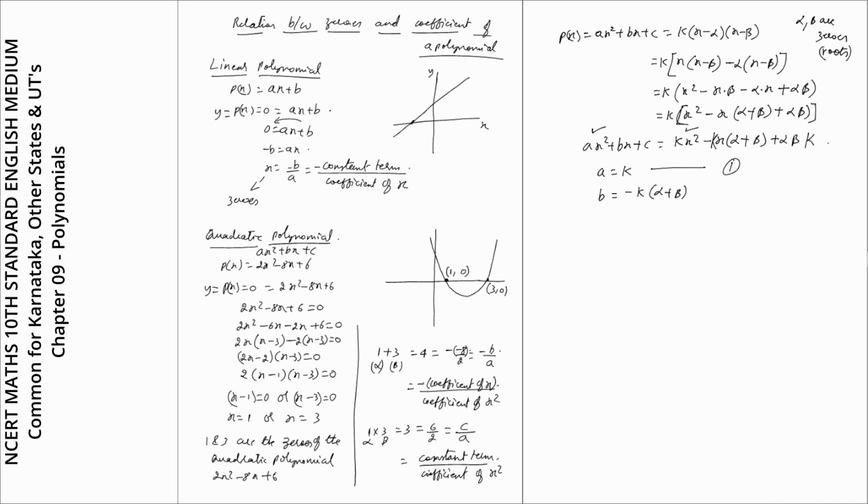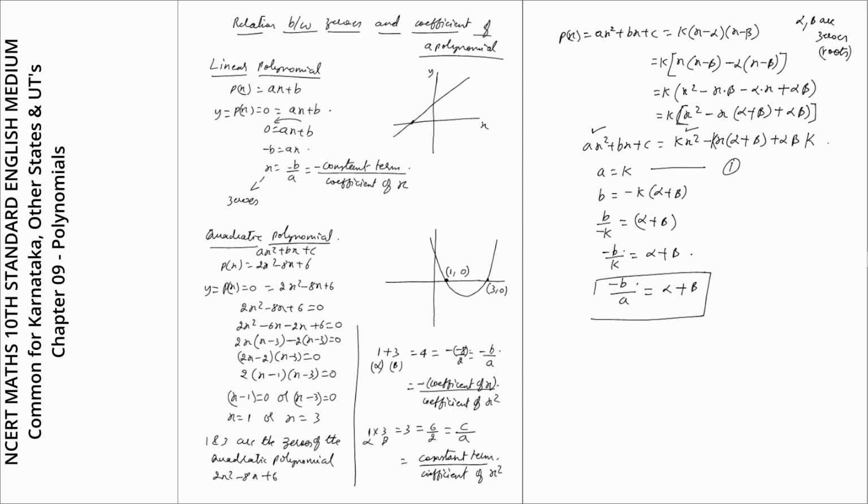I'll mark this as 1. Or alpha plus beta is equal to minus b by k, and since k is equal to a, minus b by a is equal to alpha plus beta.